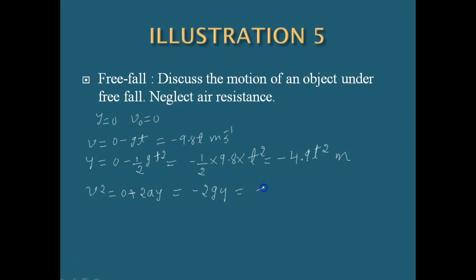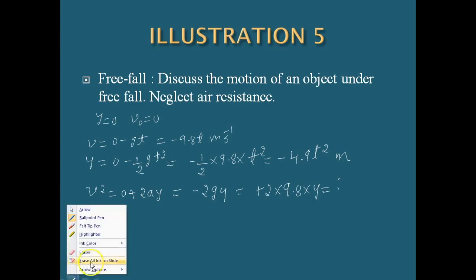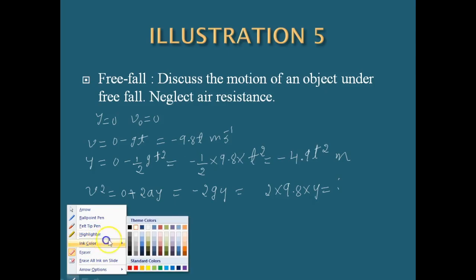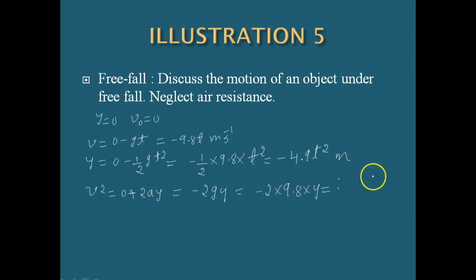And we can get the value, g is 9.8 into y, so this is minus 2gy. So its value is minus 19.6 y meter square per second square.